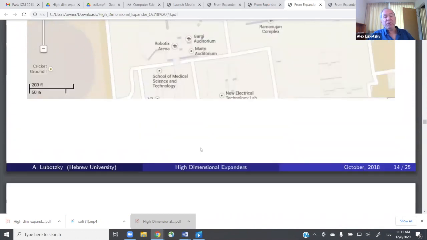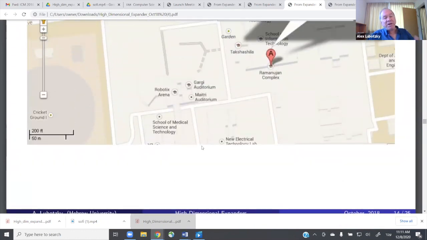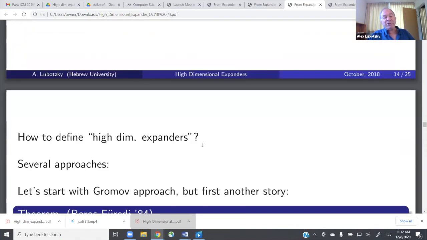Okay, so in a way we understand what it means to be a Ramanujan complex, but what does it mean to be a high-dimensional expander? In short, I would say that the answer we don't know. But there are several approaches. I will bring today only maybe two, which are not the most natural, I admit.